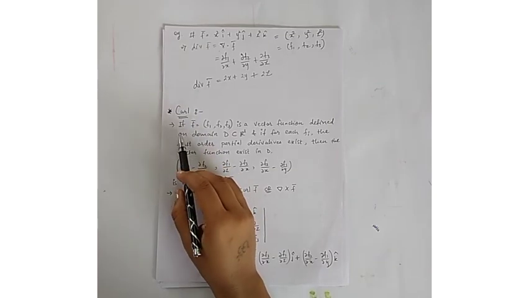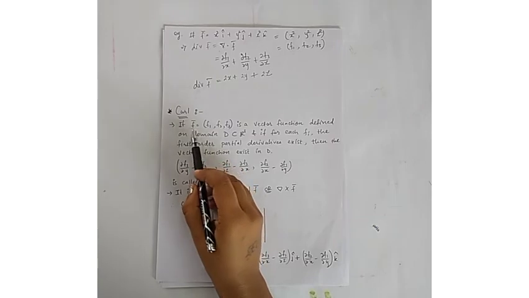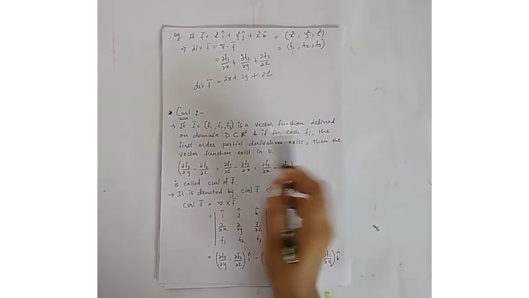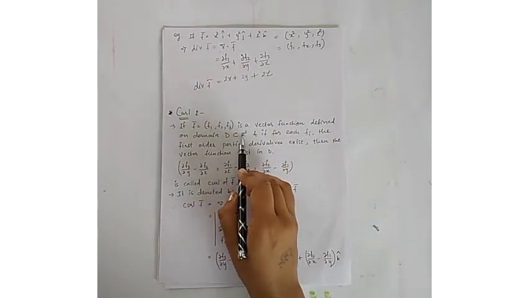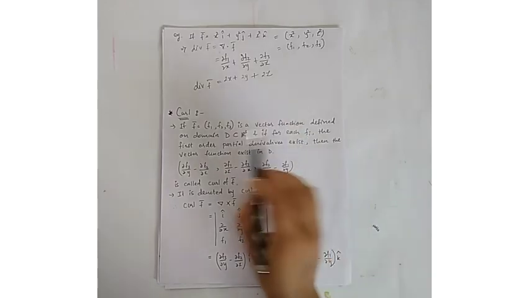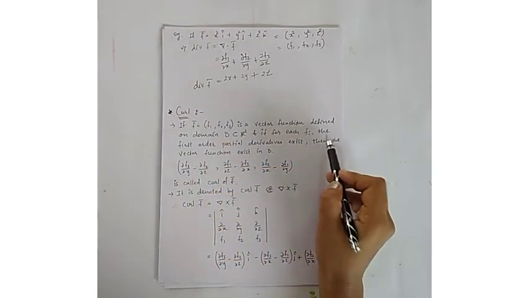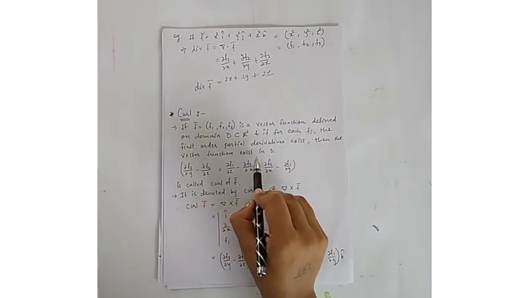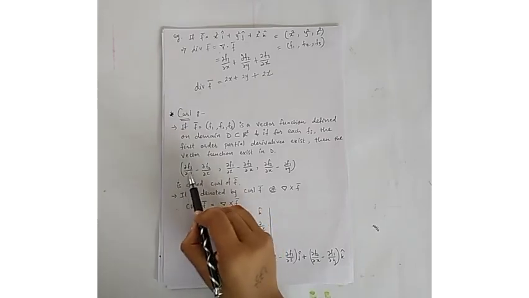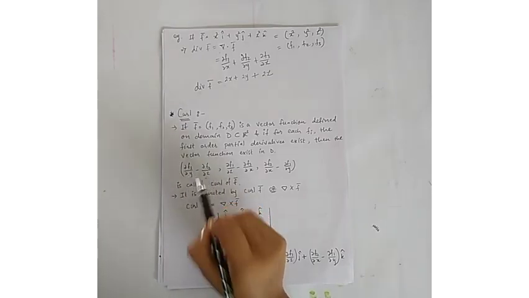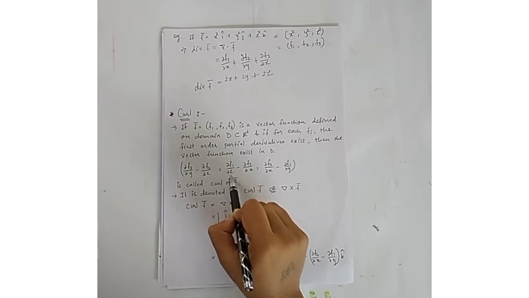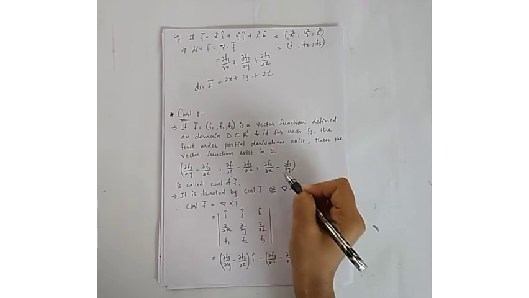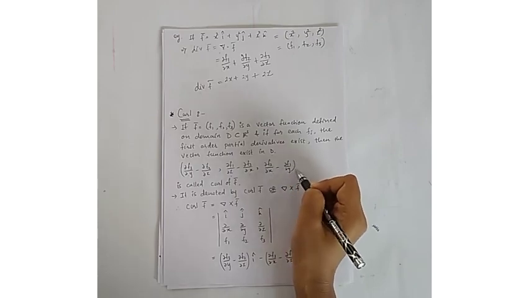So the definition is, if f bar is again a vector function with components f1, f2, f3, defined on domain D, where D is a subset of R3, and for each fi, that is f1, f2, f3, the first order partial derivative exists, then the vector function exists in D, which is del f3 by del y minus del f2 by del z, comma del f1 by del z minus del f3 by del x, comma del f2 by del x minus del f1 by del y.